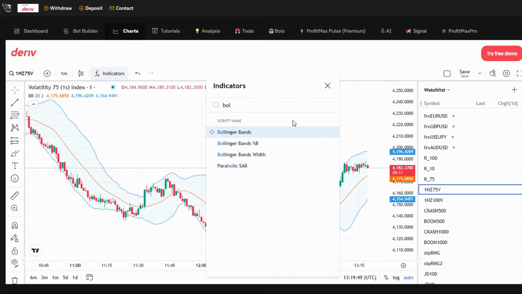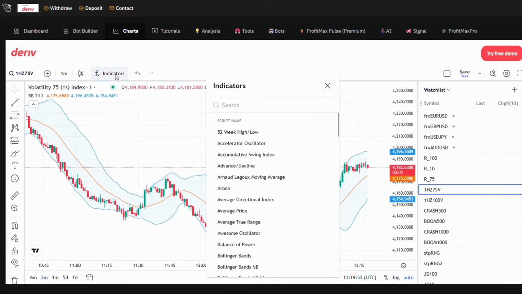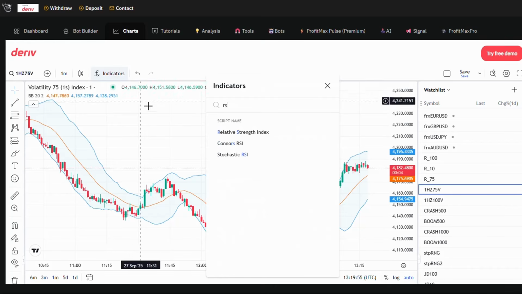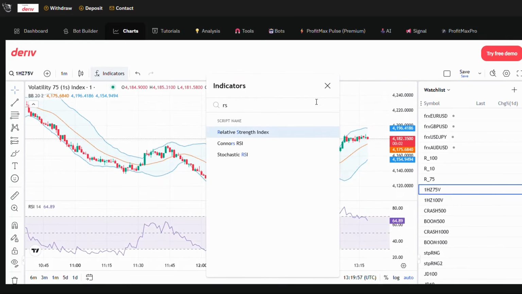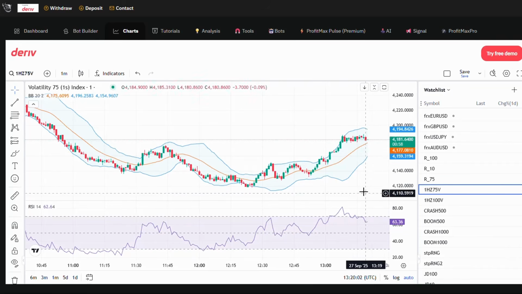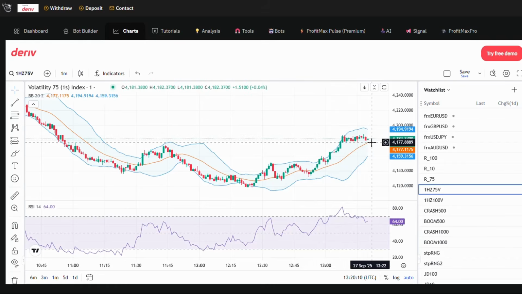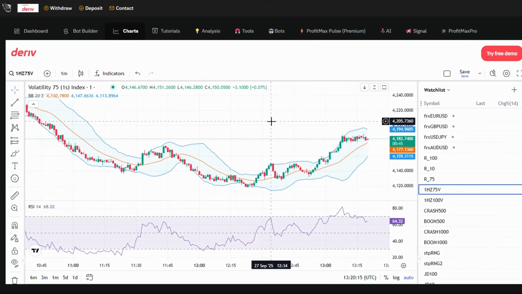Input the two indicators, and that is why you see some of these third-party sites are very good for traders, because right now you're able to view the Deriv trading view side by side with the run button, and you can see it is actually ranging. That market is moving sideways like that. It's not clearly coming down or clearly rising, it's moving sideways. And that is why the ProfitMax Pulse Premium has not given us an indication.